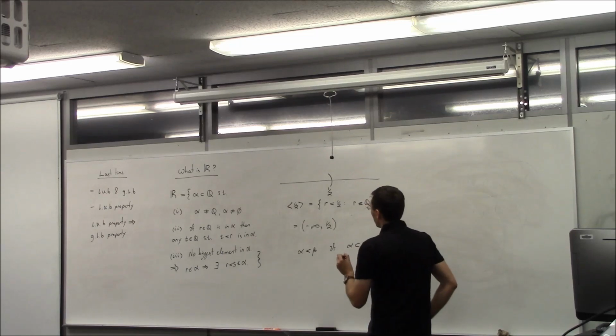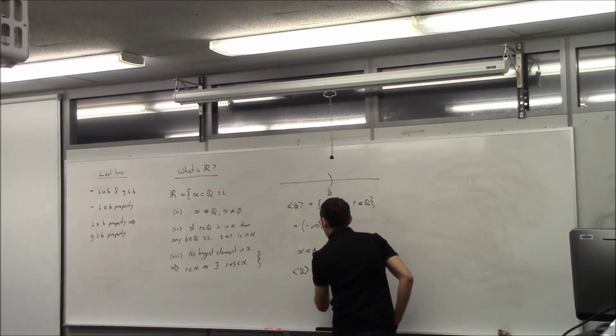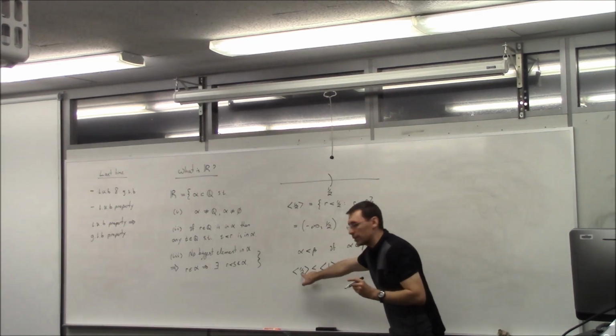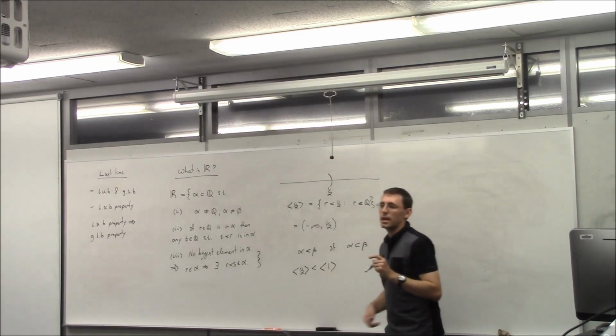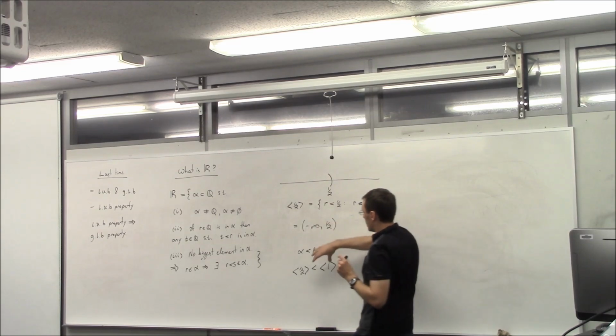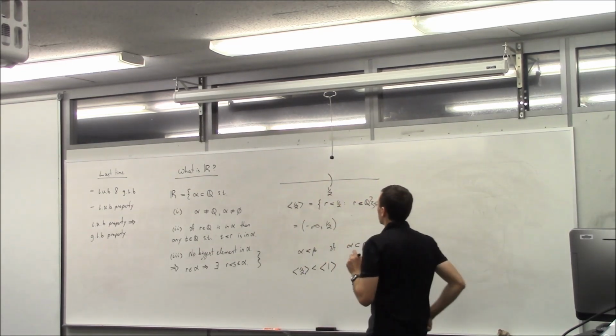In other words, you can say that the set 1/2 is smaller than the set 1, because this set 1 contains all rationals, including 1/2, that are lower than 1. This one only contains rationals lower than 1/2. So this creates basically an embedding of the rational numbers. You lift them into another structure.